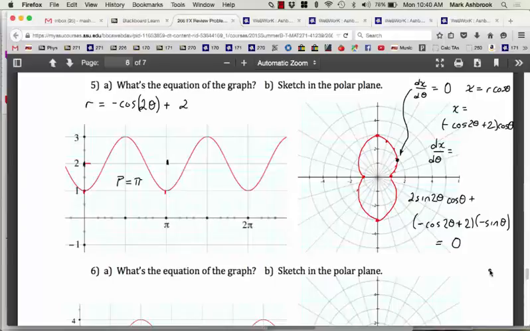So this would be a complicated thing to solve. We would have to expand things, use identities. We won't take the time to do it, and you wouldn't be responsible for something that advanced. Still, the principle and getting this set up is all fair game. So we will want the theta such that dx d theta is 0, the rightmost point in that first quadrant.